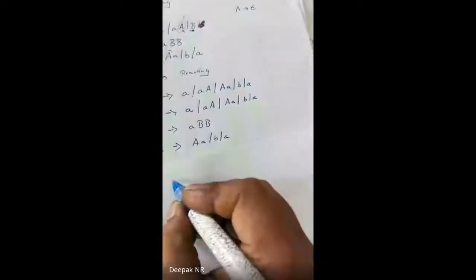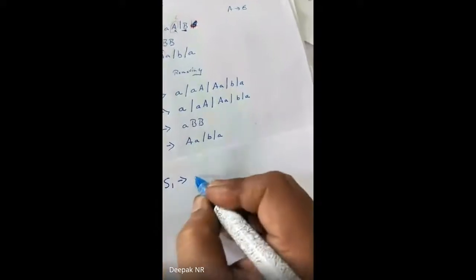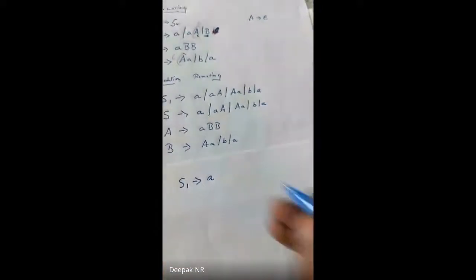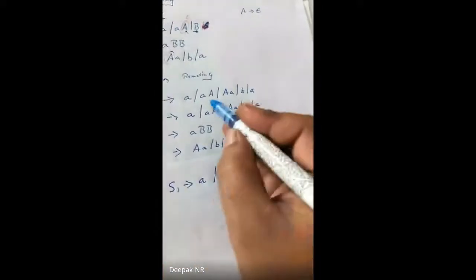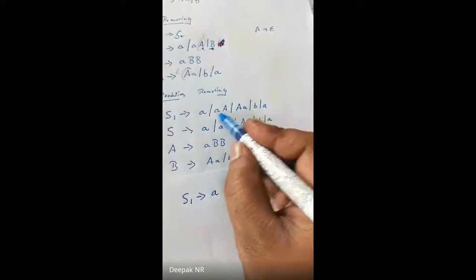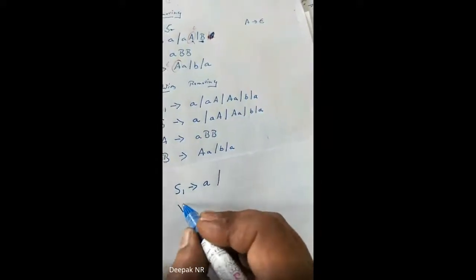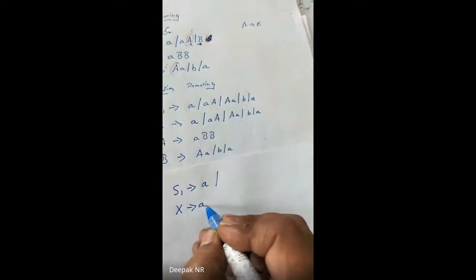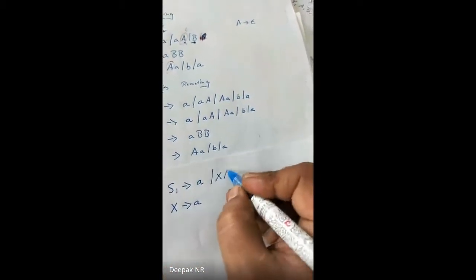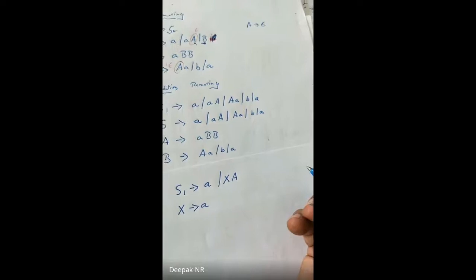Now, S1 tends to A. It's a terminal. Perfect. And then here there is A, it should not be there in this format. So I create something called X, X tends to a. So I write here X and A. Is that clear?